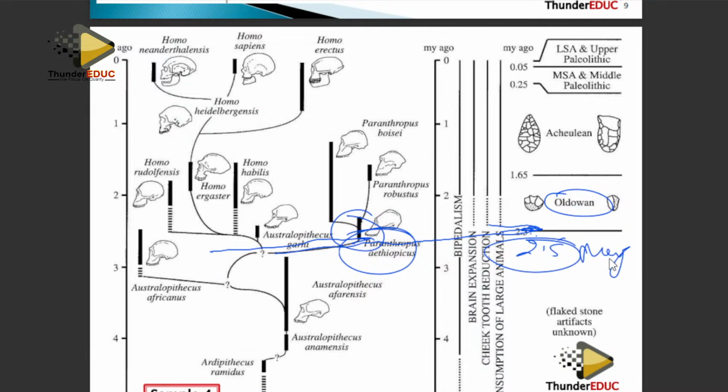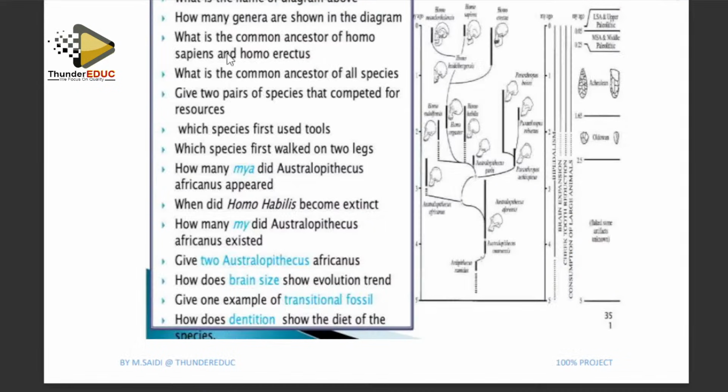So in this case, we check here and it's going to be Paranthropus aethiopicus. So it's the one which first used the tools. But if the question is just open, there's nothing like this here, so it's going to be Homo habilis.